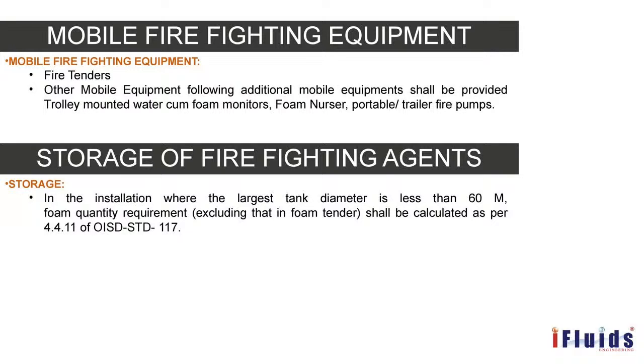So you have to refer to OASD 117 for more details about the foam compound requirement. All these things are stated in this table under the section on storage of firefighting agents. If you go through this table in OASD 116, you will get more detail about the other significant criteria with respect to each and every agent.